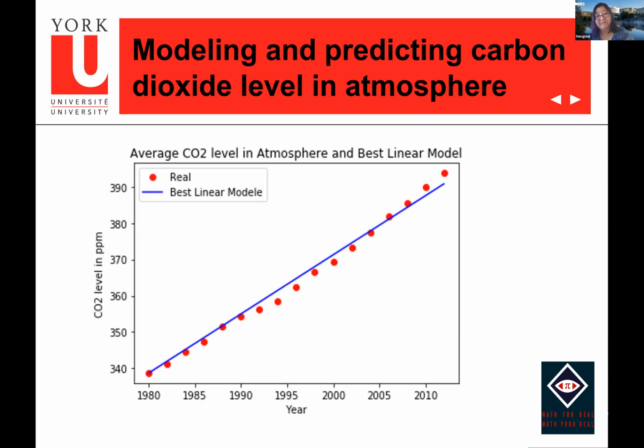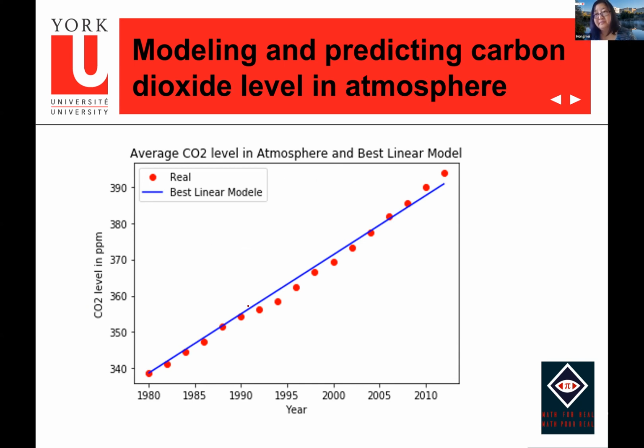If I put those data on the plot, with the x-axis as the year and the y-axis as the CO2 level in the atmosphere, we see clearly that the dots approximately have a linear trend.